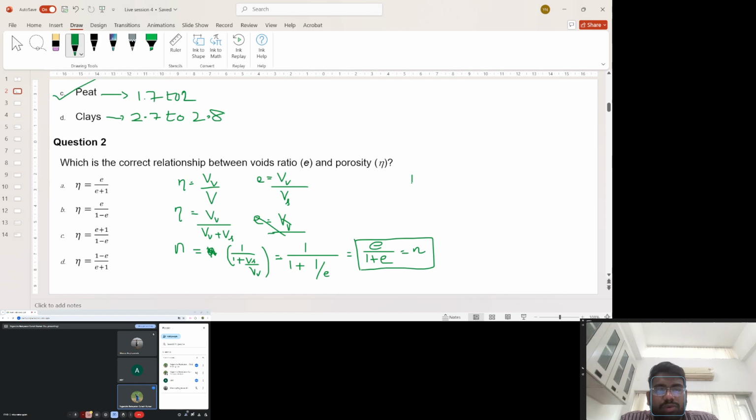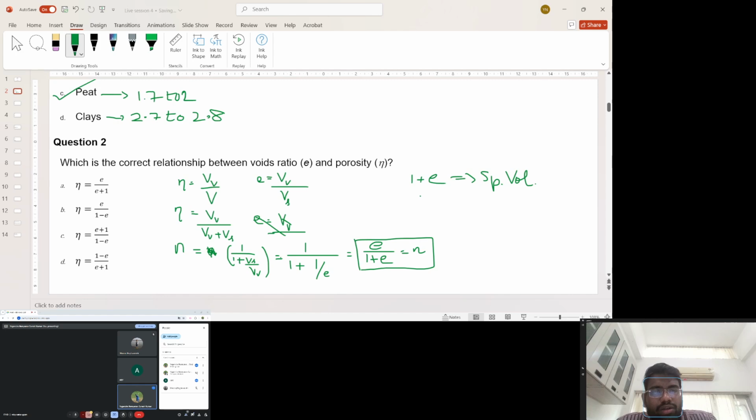So 1 plus e is known as specific volume. What is the significance of specific volume is that it is a normalizing term. It can be treated as a constant term.